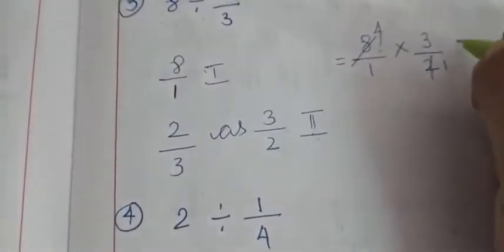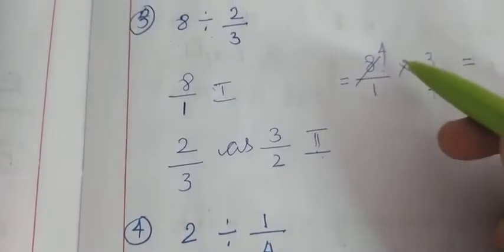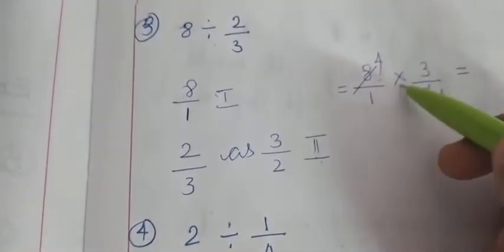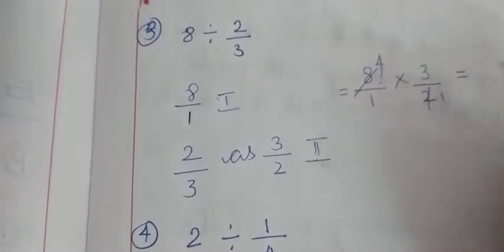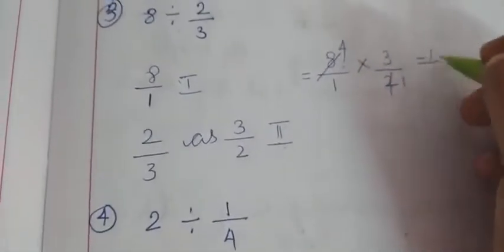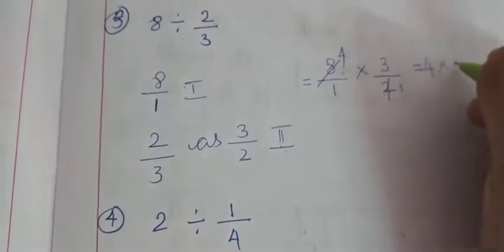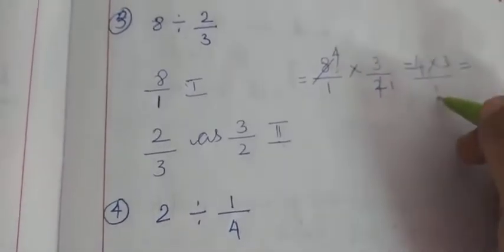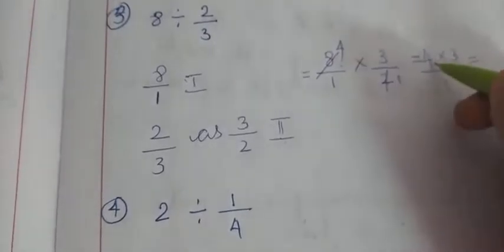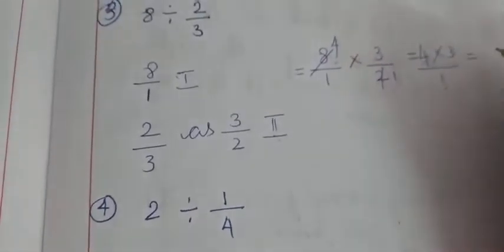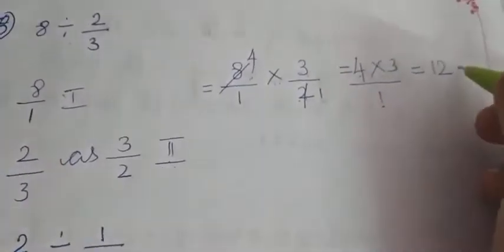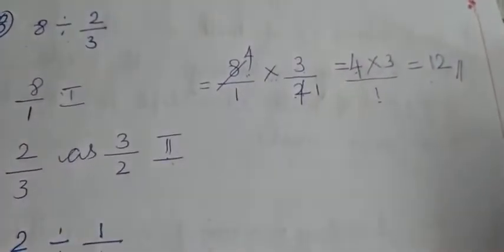Now again, what is remaining? 4 into 3. 4 is multiplied with 3. 4 into 3 by 1. Actually by here 1 no value, so multiply 4 3s are 12. 4 3s are 12. So this is the answer. Got it?